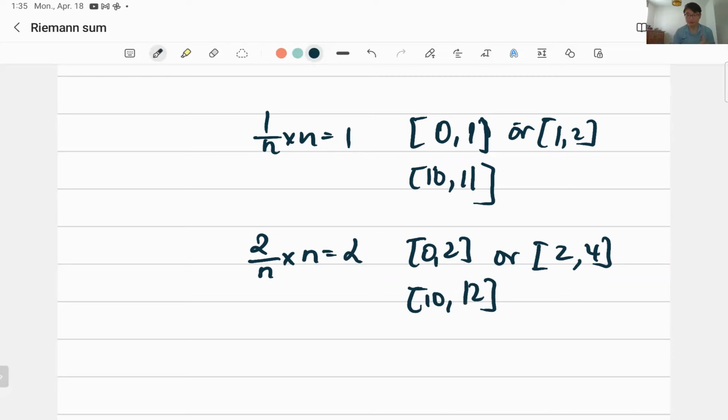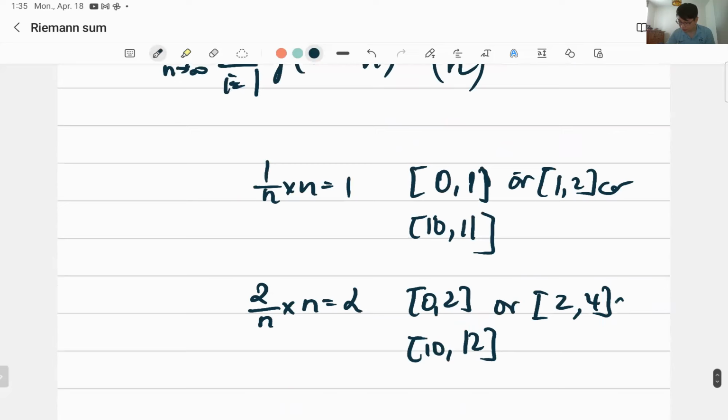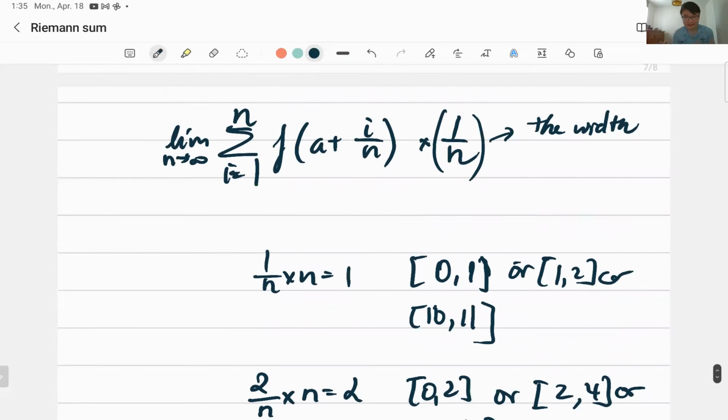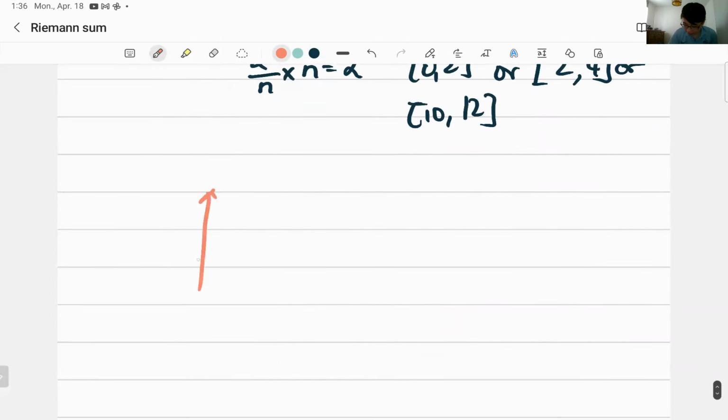But the most important thing is what the starting point is. The A here usually tells me where to start.